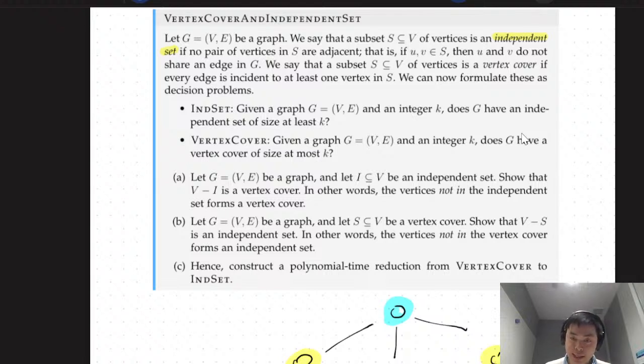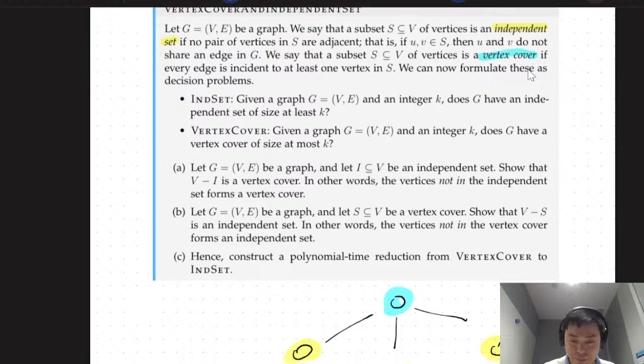Okay. And then we say that a subset of vertices S is a vertex cover if essentially every edge has some endpoint that's in S. So you don't need both of your endpoints to be in S, but you need at least one of your endpoints to be in S. And then we say that this is a vertex cover.